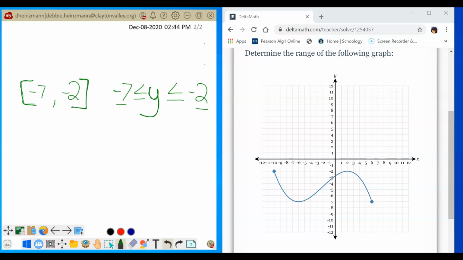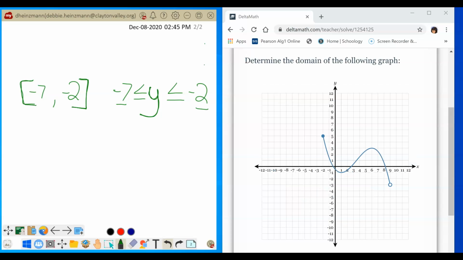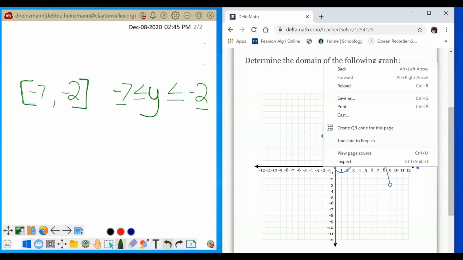Now let's do the same thing with domain. So this is a good one. Here, they're asking us for the domain of a function. So here we have our low point on the graph is -2. That's our lowest x value we can have.